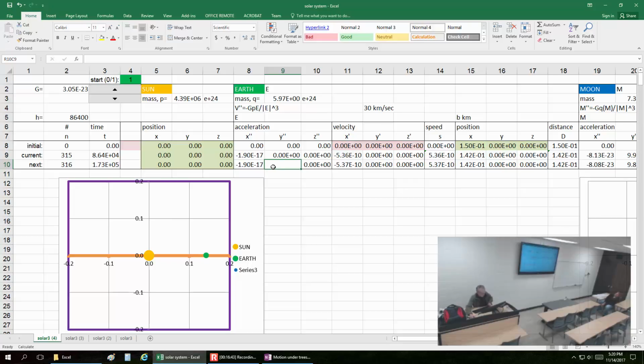Let me put just a 0 here, so there would be no doubt. I think I just messed up the. Okay, I think it is moving a little bit. You see it? So it's moving but slowly.